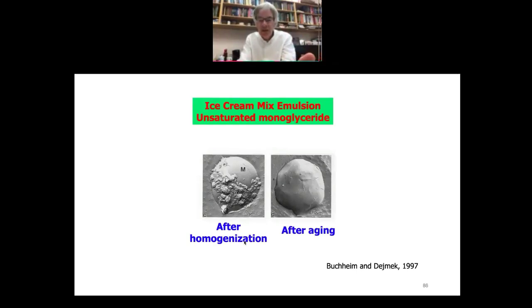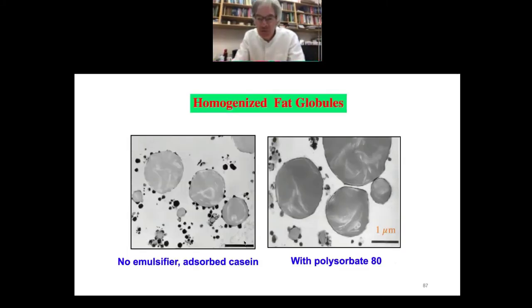So you can see here, after aging, we get displacement of that protein layer, and we get the formation of thin interfaces. And you can see that here with transmission electron microscopy.